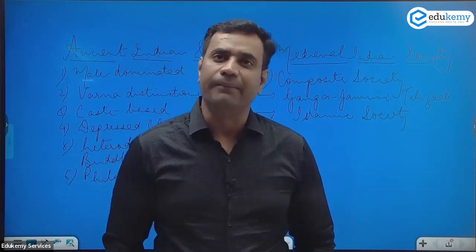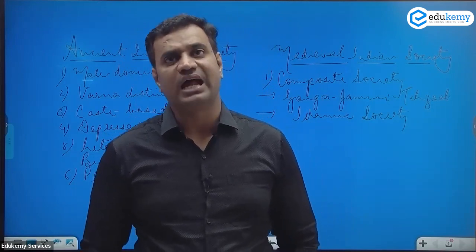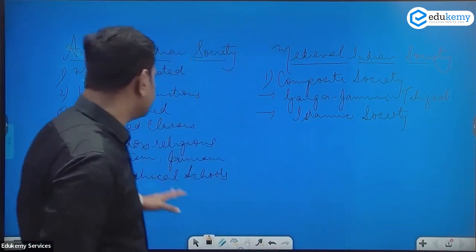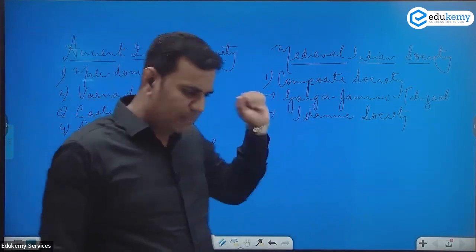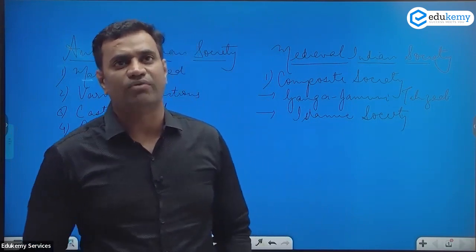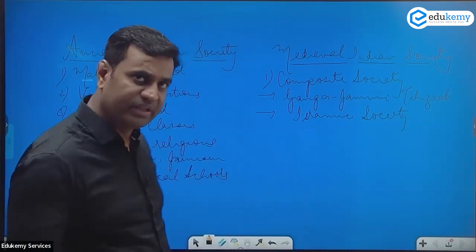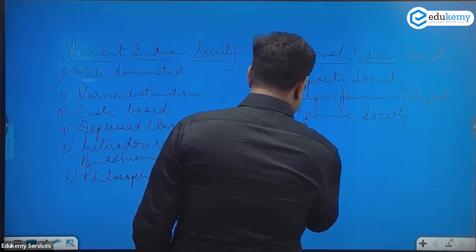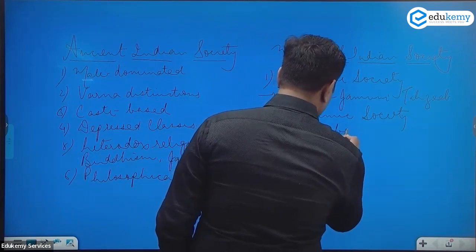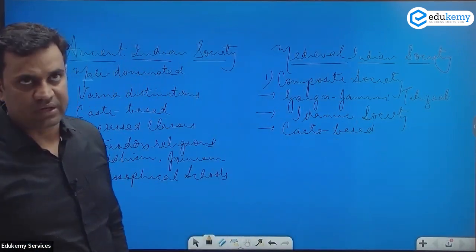At the same time, the religion of Islam prescribed equality. But under the influence of ancient Indian society, even followers of Islam got divided on the basis of occupation, and caste-based society got established even in medieval India. So even among the Islamic community, caste-based society got established.